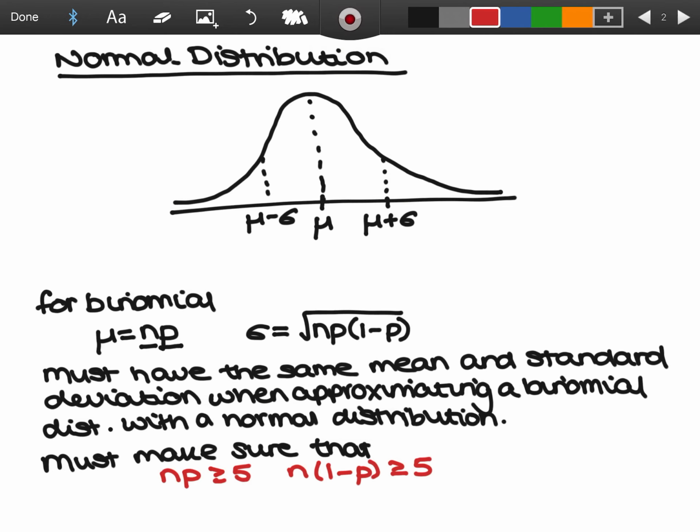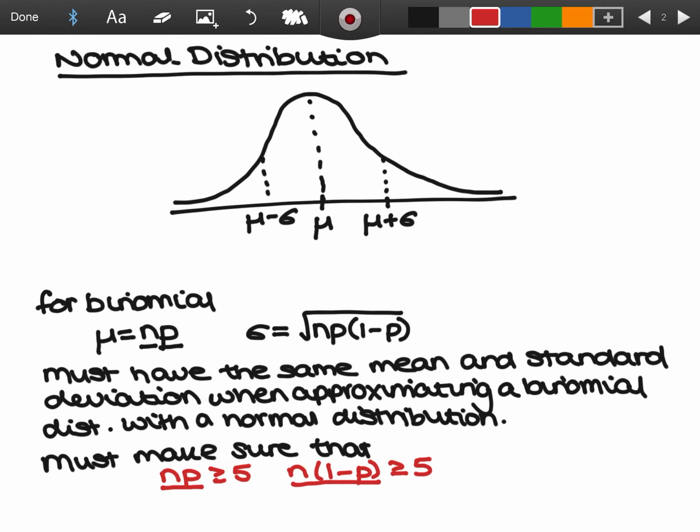What this does is it makes sure that you've got enough trials and a high enough probability of success for this to actually work out. So n times p is the expected number of successes, and n times (1 minus p) is the number of trials times the probability of failure, the expected number of failures. You would like both of those to be at least 5 to give you a reasonable approximation.